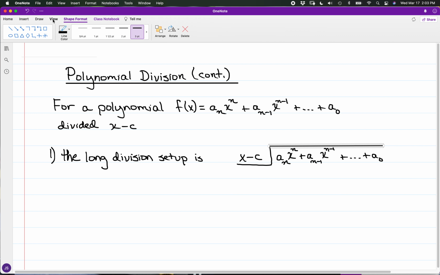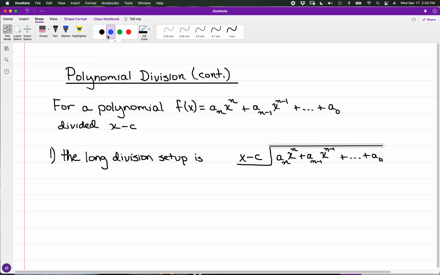Once again, x minus c is going to be the divisor, and the polynomial f of x is going to be the dividend.